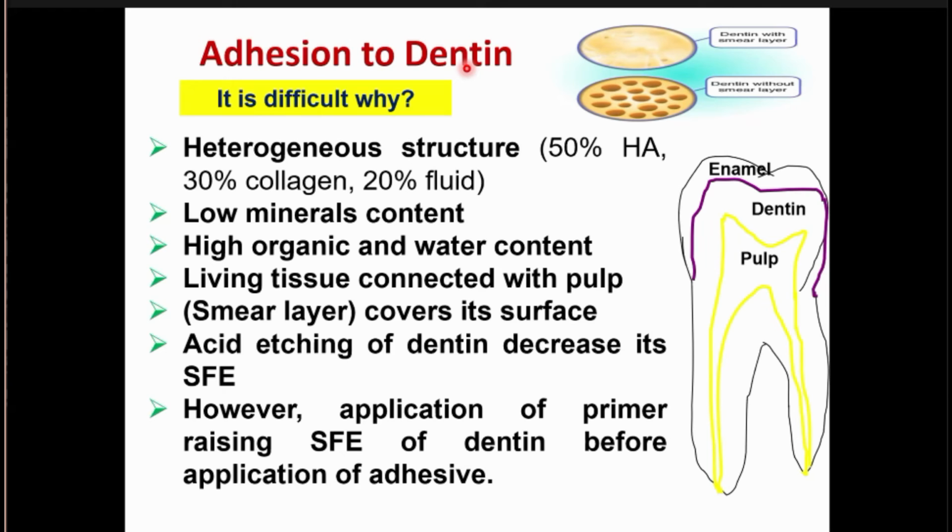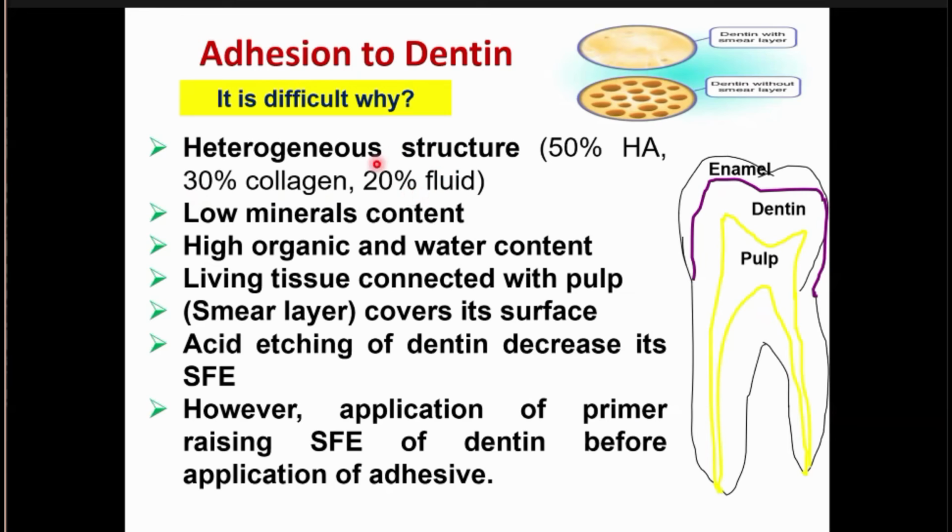But luckily we have enamel outside, so we get a stronger bond with enamel. That is why the weaker bond with dentine is covered. The factors which affect weak bonding of dentine include less minerals or less hydroxyapatite. This H is for hydroxyapatite. And more collagen.